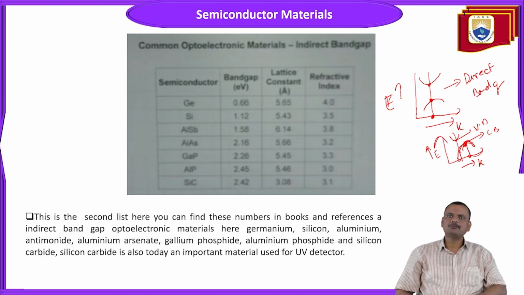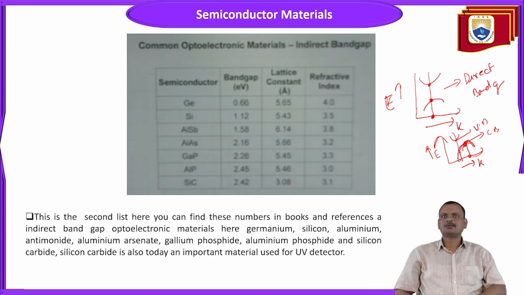And let's again see their lattice constant values. Germanium has the least band gap, and its lattice constant, see, 5.65. Silicon has a band gap value of 1.12, and the lattice constant is 5.43. Aluminum antimonide has a band gap of 1.58, greater than germanium and silicon, but its lattice constant is 6.14.